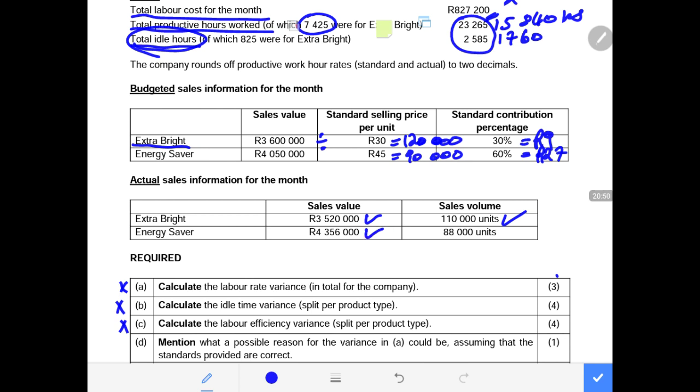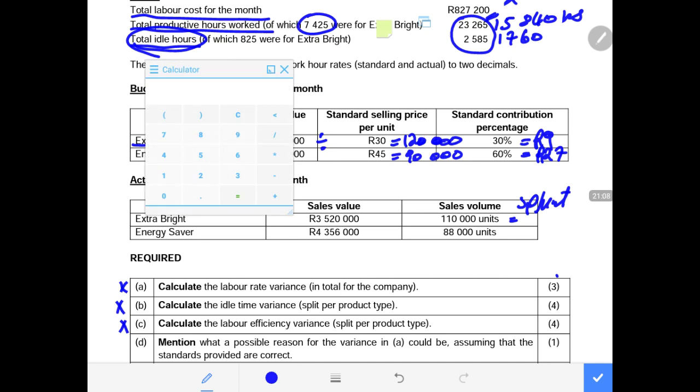And our actual sales were 4,356,000, and the number of units given to us were the 88,000 hours. Now, if you want to know the selling price per unit, there is no hassle, very easy. We just divide to get the per unit: 3,520,000 of our sales, divided by 110,000.